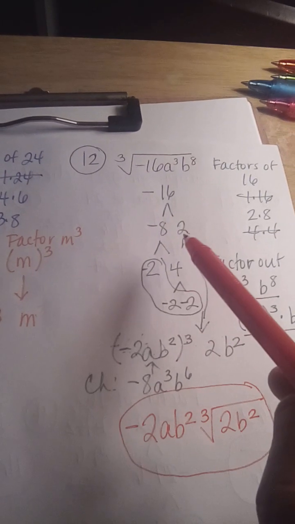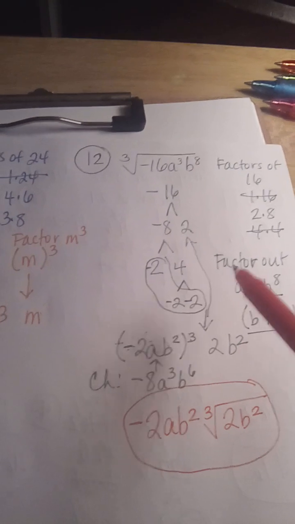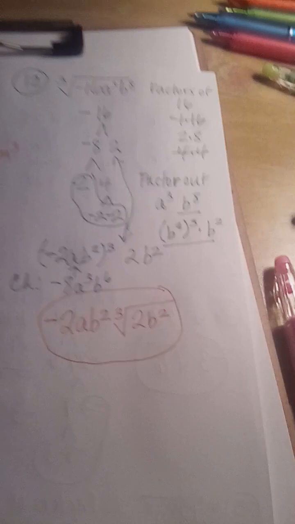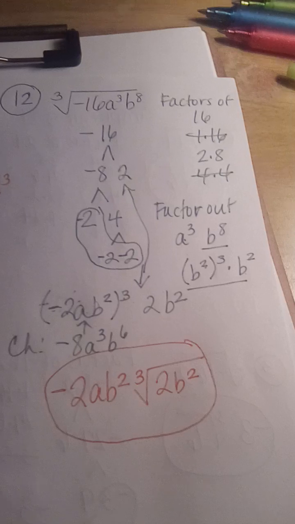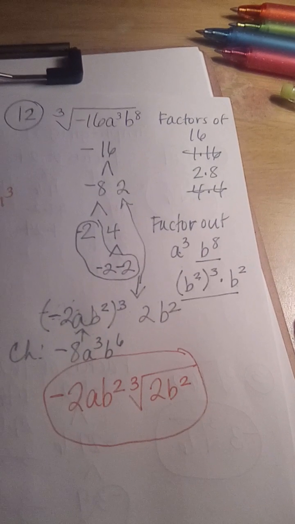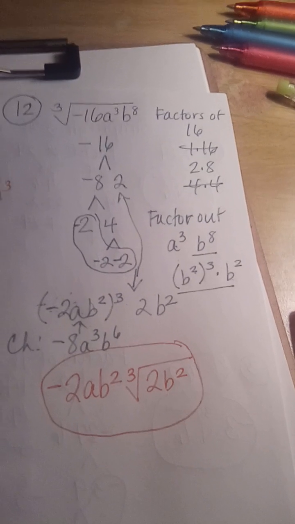Then 2 were left over on the other side. But once you got that part, then you need to factor out the a cubed and b to the 8th power. We don't have to do anything with the a cubed, and you just factor out the b. In this case, you got open parentheses b squared, close parentheses, the cube times b squared.